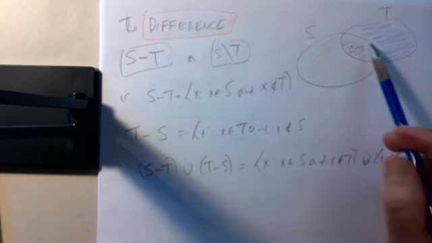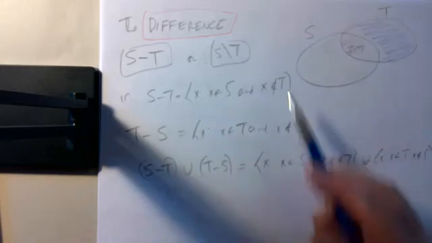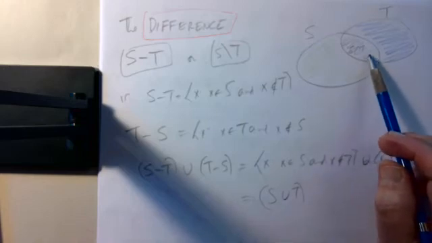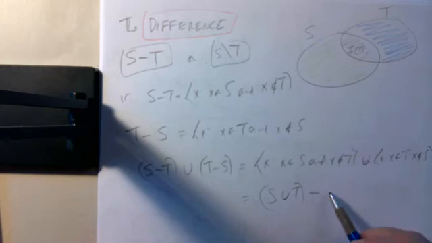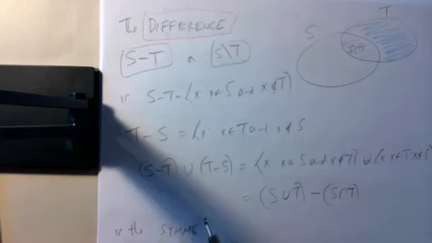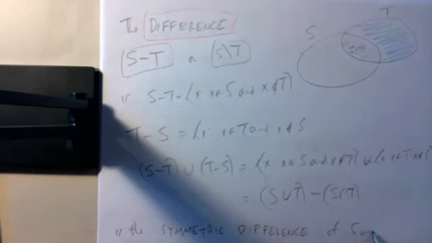Of course, another way of saying that is, if I look at S and T, I take everything in the union, but I throw away the elements that are in both, minus S intersect T. And the notation for this is what is called the symmetric difference of S and T, and it's usually denoted with a star or an asterisk.